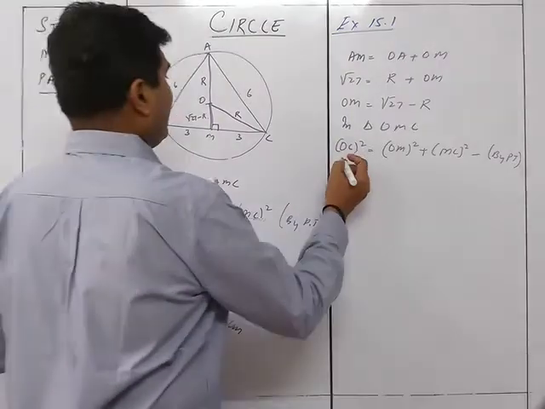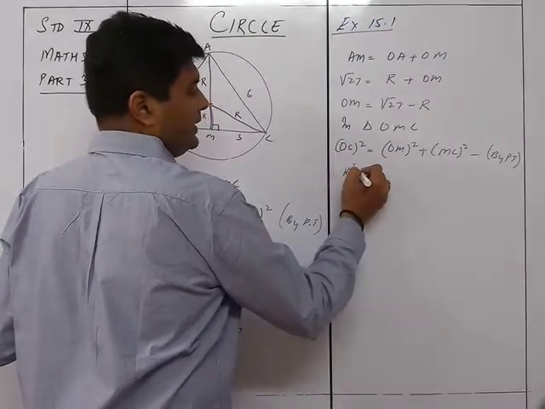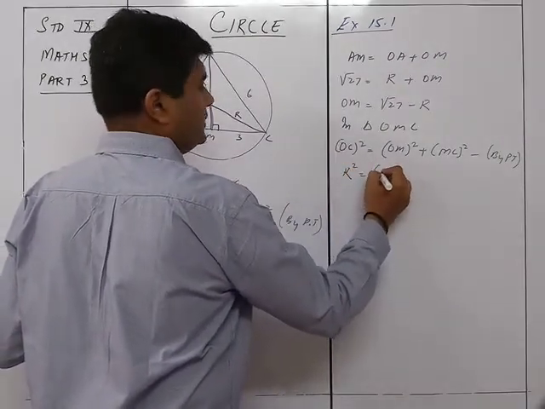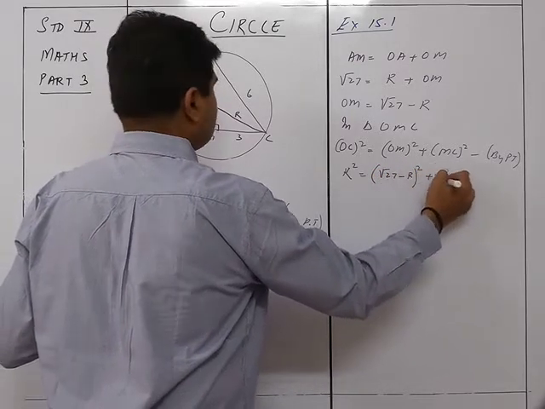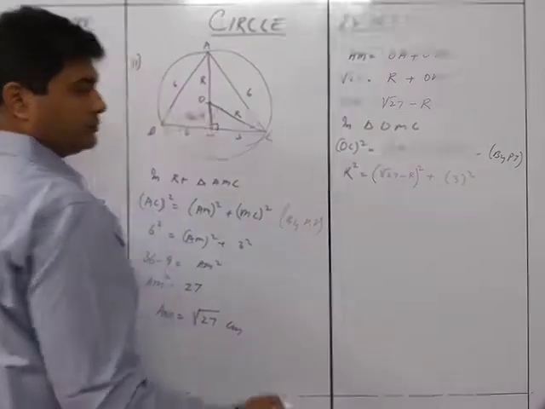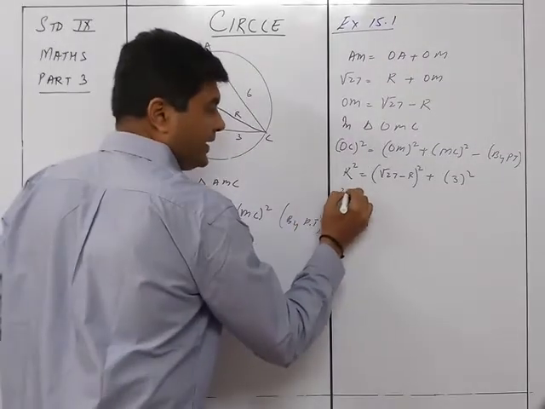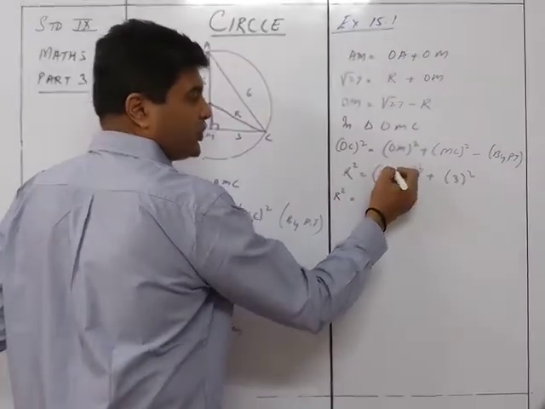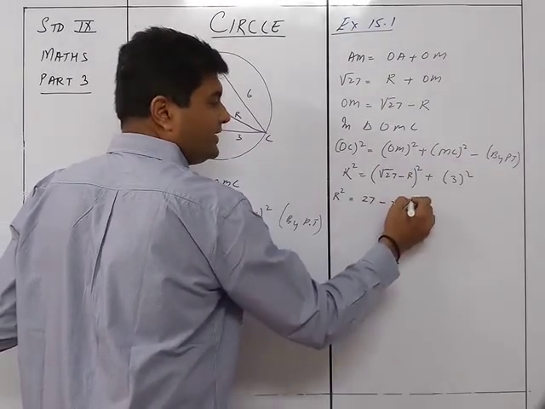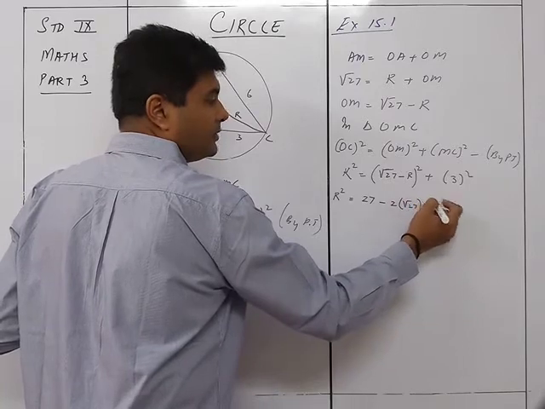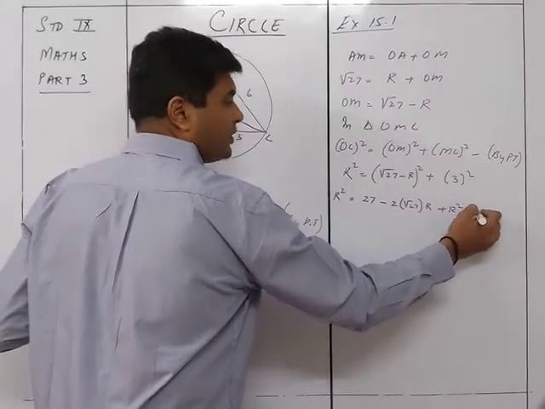So we have OC, which is R, square is equal to OM, which is root 27 minus R, the whole square, plus 3 square. So R square is equal to 27 minus 2 into root 27 into R plus R square, plus 9.